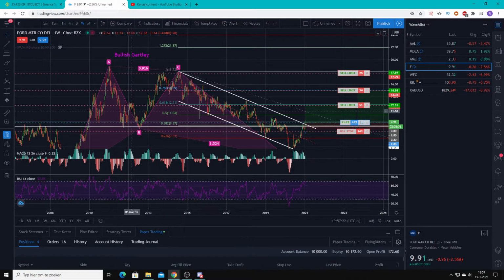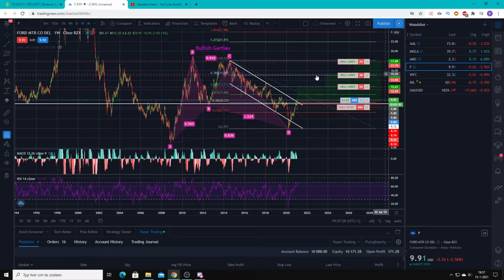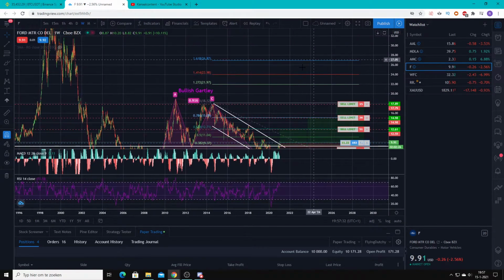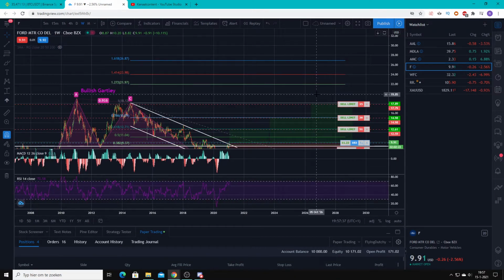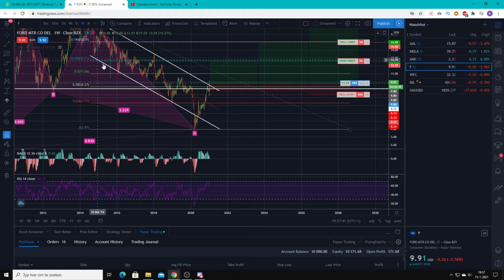Because these patterns normally mean that you go back to a big reversal that goes above these A and C lines here. Maybe we even see more price over to the 127 or 141, but we will be out of the trade. Now this can take a long time, because as you can see, this downtrend took from 2014 to 2020.